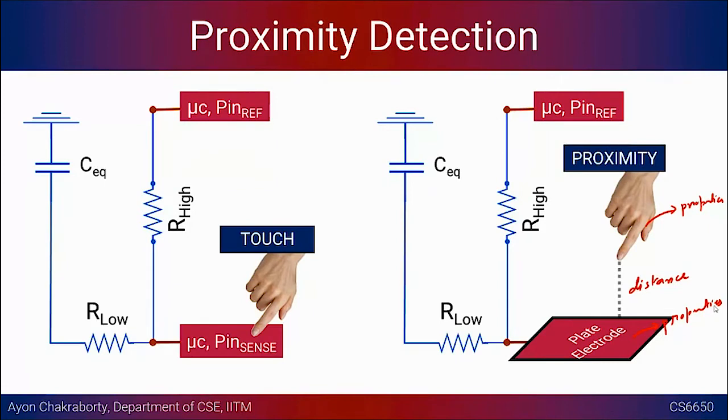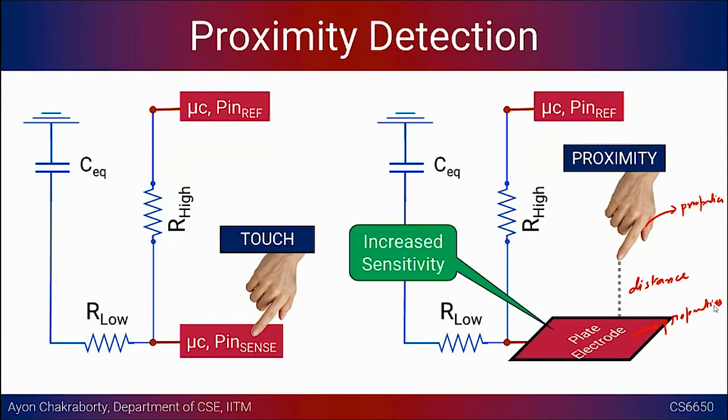Instead of just the dangling pin, we can connect that pin to some kind of plate which has a larger area, like a two-dimensional aluminum foil, which will have much greater area than the dangling pin. It is going to improve the sensitivity to a higher extent.